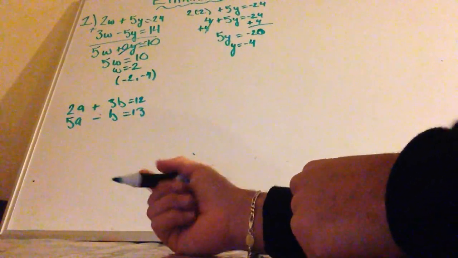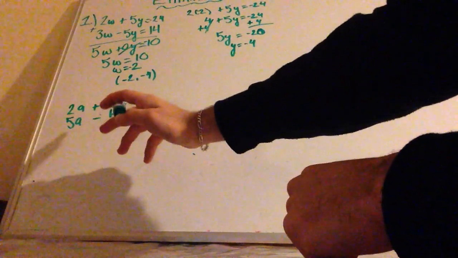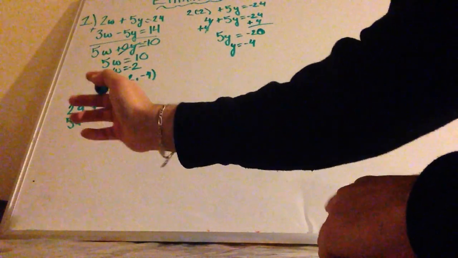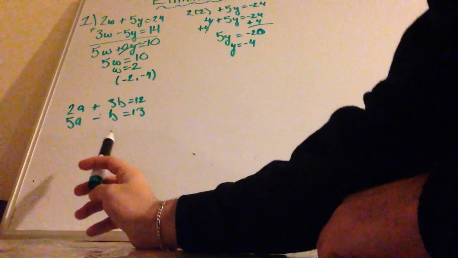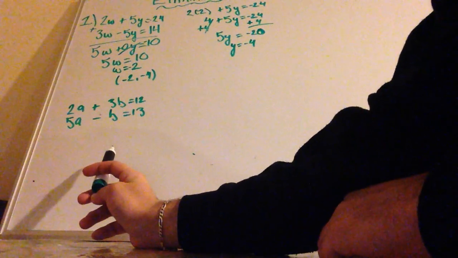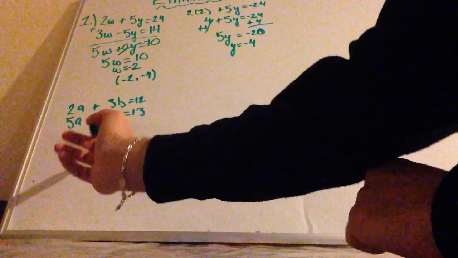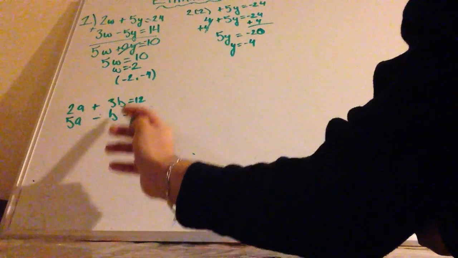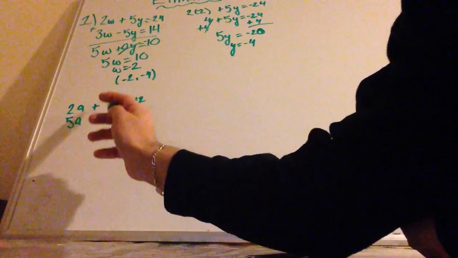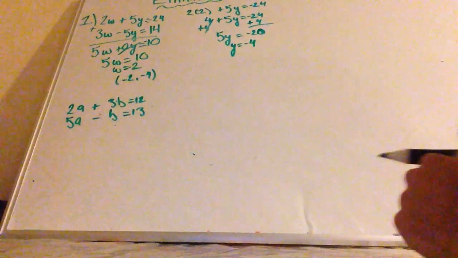Now, since we can't really do anything with the a's, we have to try to do something with the b's. In order to eliminate it, they both have to be 3's. So the only really thing we can do is multiply the second equation by 3 in order to eliminate the b's.